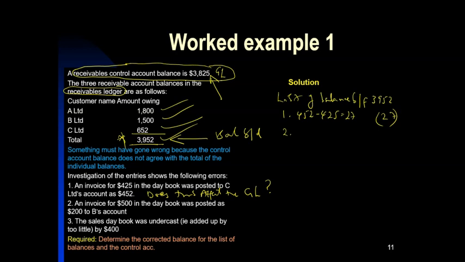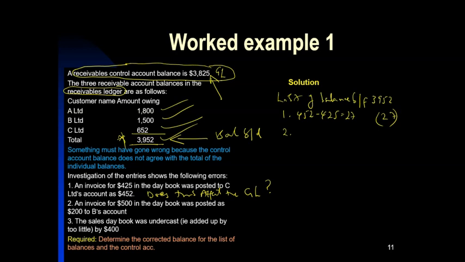Then we are told number two, an invoice for 500 in the daybook was posted as $200 to BC account. Is this an error of transposition, or is it almost an error of commission? It's almost an error of commission here, or posting error.